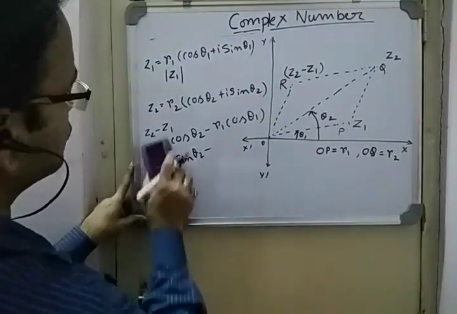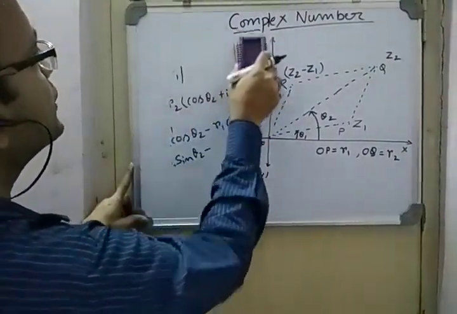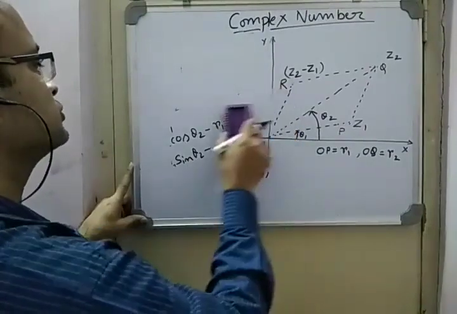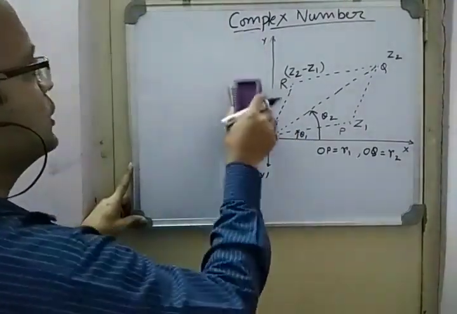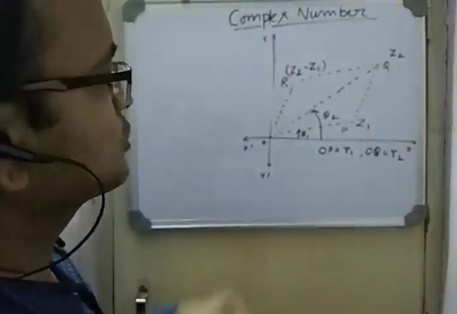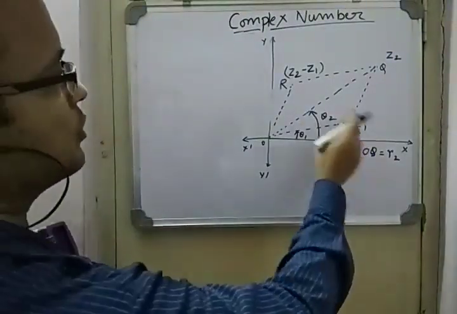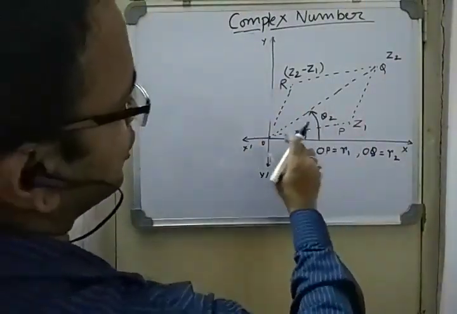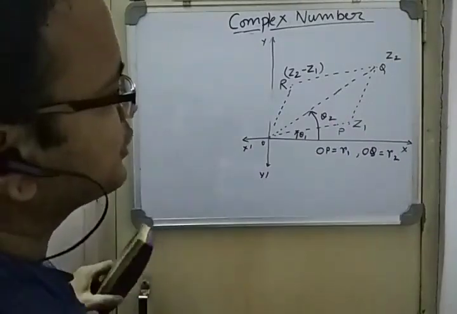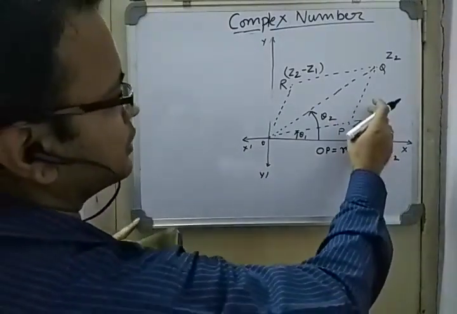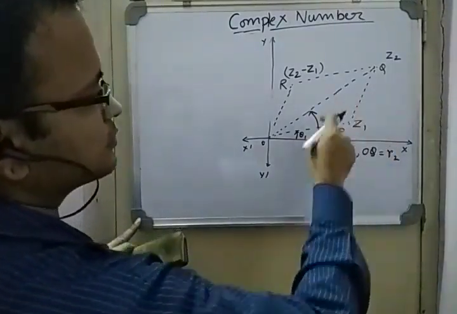Okay, now we will prove one property from here. We have seen that property from the summation of complex numbers also, but here also we will prove it. We know from the property of a triangle that one side is less than the summation of the other two sides.